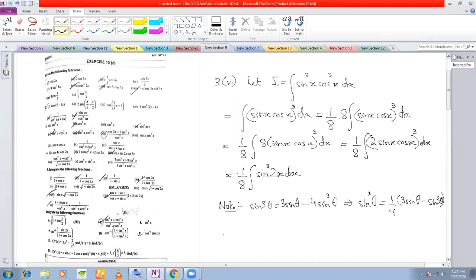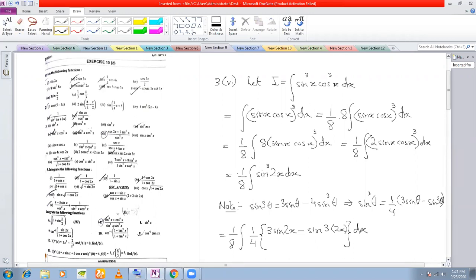So from here, what can you write? 1 by 8 integral 1/4 of (3 sin 2x minus sin 3 into 2x), right? dx.